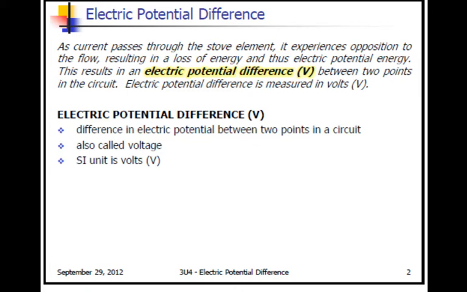The SI unit is volts, capital V, and the symbol is a capital V. There's a certain amount of energy we have per unit of charge that moves through that, so voltage could also be considered as energy per unit charge.